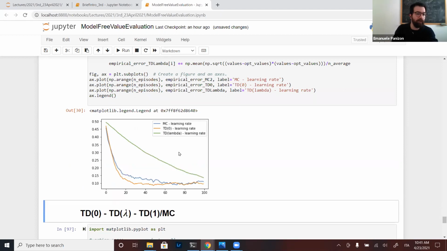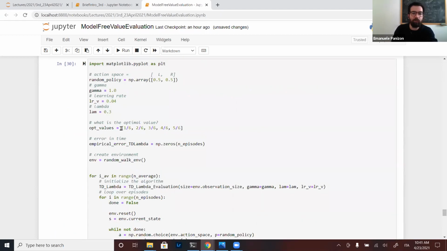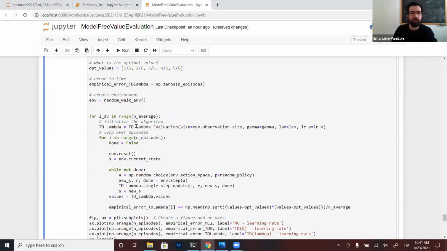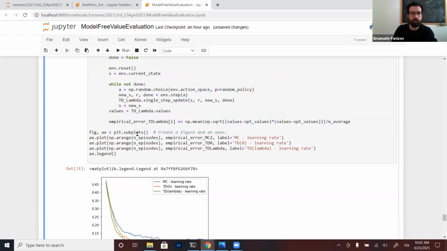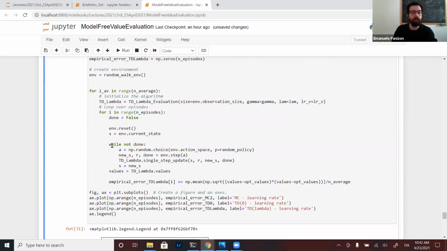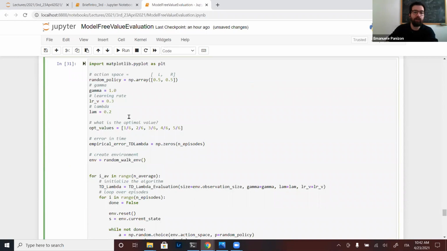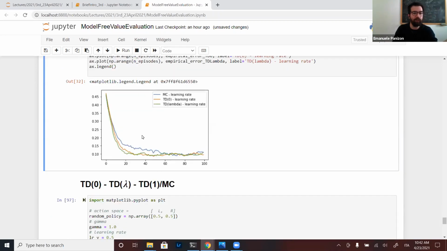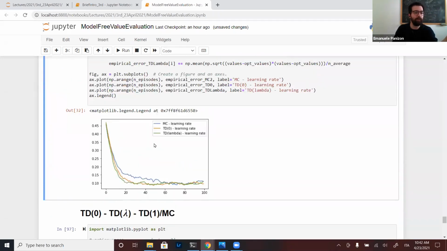For example, you can see the TD lambda, now the learning rate was very small. Let's take a learning rate which is larger. This is very, very large, so it will learn even faster. Essentially, I introduced a new hyperparameter which I can change, but this is a way to bridge temporal difference and Monte Carlo.